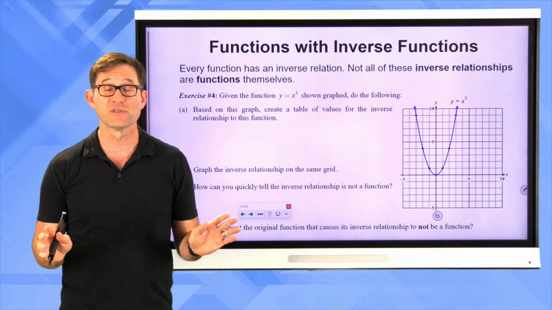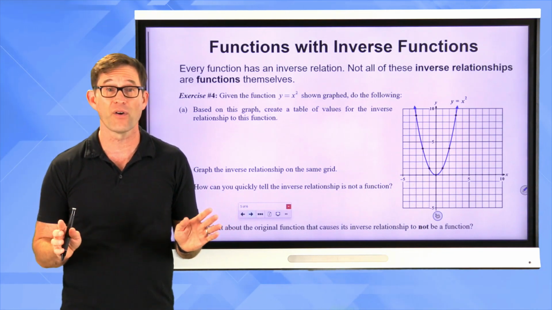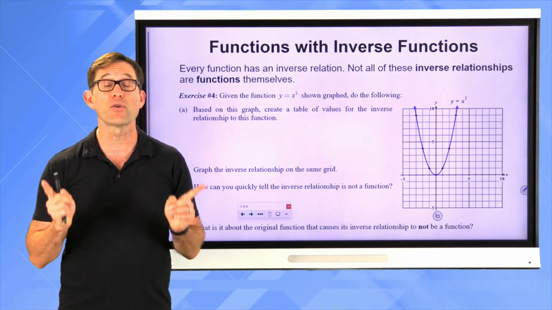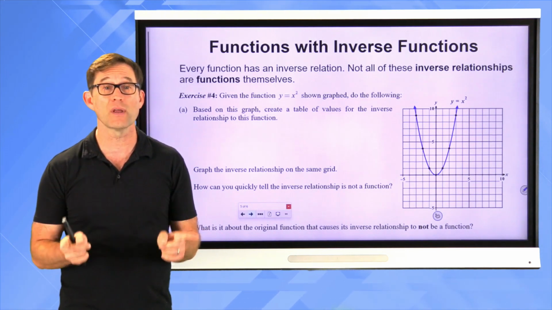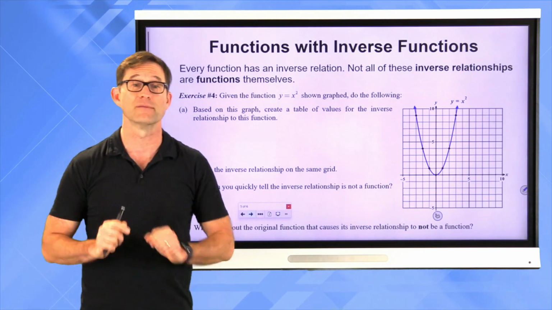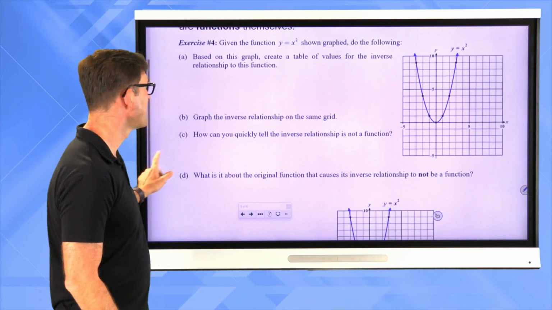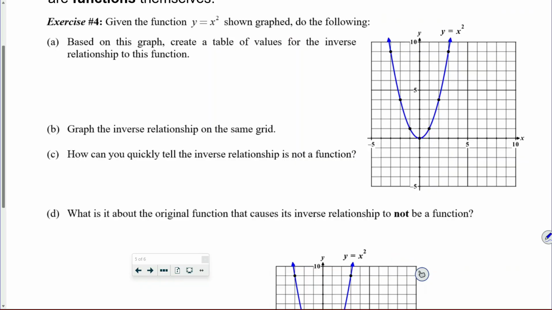We should never use function notation for something that is not a function. Never, ever. Hear that, New York State Ed? We should never, ever, ever use function notation for something that's not a function. Anyway, let's take a look at exercise number 4. You know what I'm talking about, many of those math teachers out there.